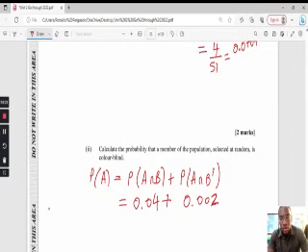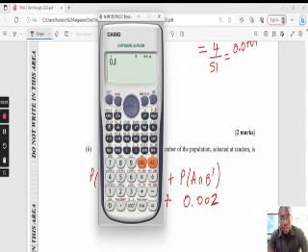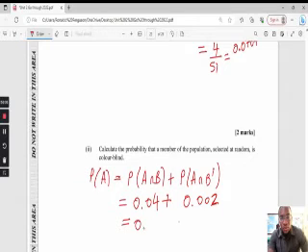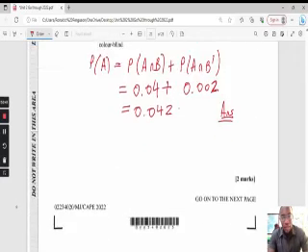Now we just add them together and keep it as a decimal. 0.04 plus 0.002 is equal to 0.042. That's our answer. And done.